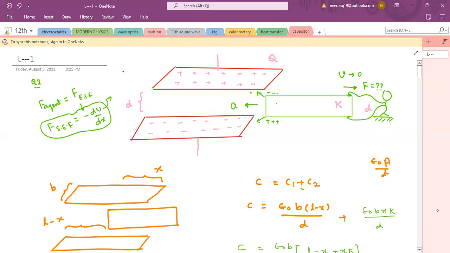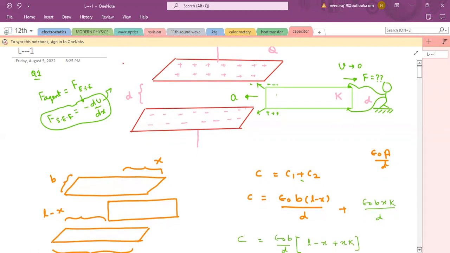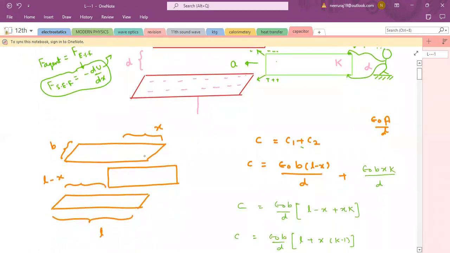So how are we going to solve this question? Suppose at any time this much of the slab is inside this capacitor, and the length of this part is x. As the slab moves inside, the capacitance of the system will change and potential energy will also change.